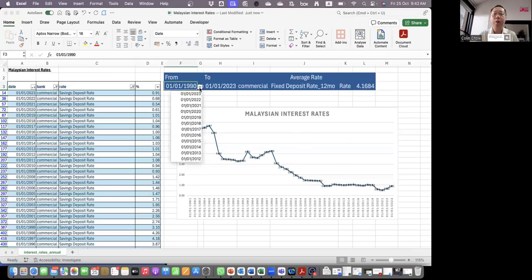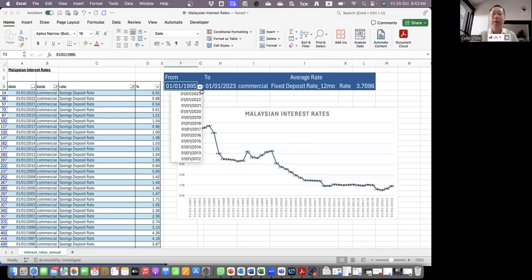If you go further down to say year 1995 until now, the average interest rate for savings deposit will go to 3.7%. Fixed deposit, this will go to 3.7%.